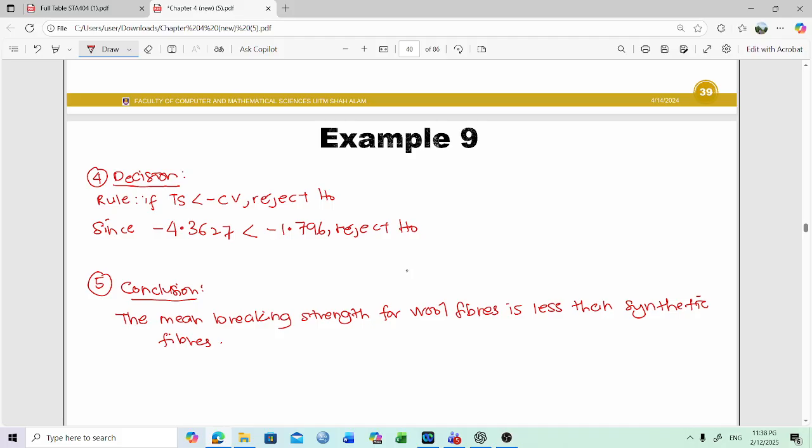Why? Because we reject the null hypothesis. You can proceed to example number 11.